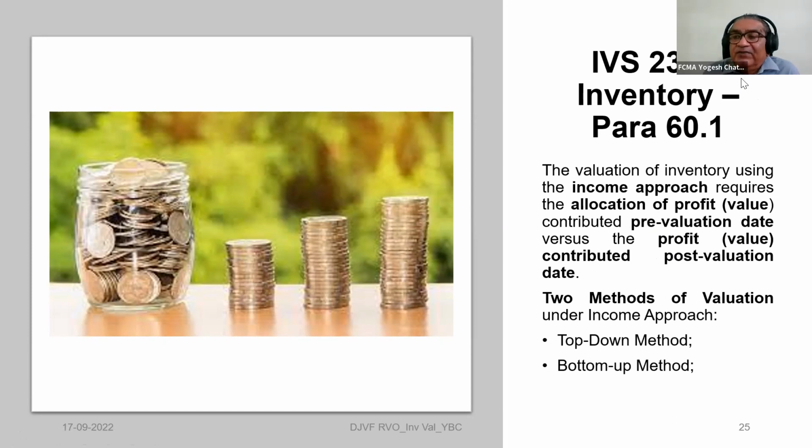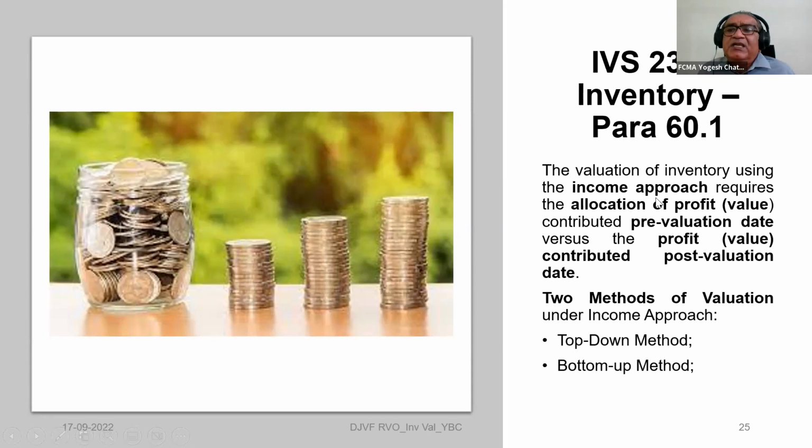Like foreign investors, they use these top-down methods while taking a decision for investing into a particular company. And retail investors like us, while making investment in equity of a company, we follow this bottom-up method. So these methods we are reasonably familiar with. The same methods are employed in inventory also.